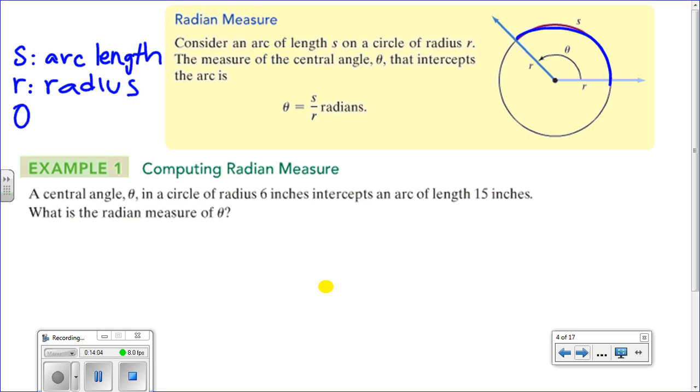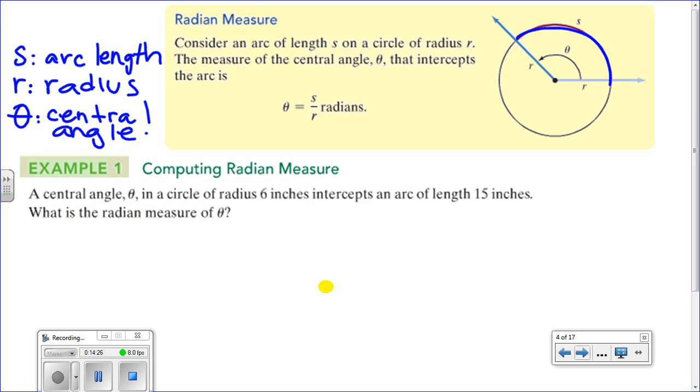And in this case, theta will be representing the central angle. Remember, central angle, the vertex is at the center of the circle. That's why we call it central angle. Okay, so this is a pretty easy problem, but this is just to build up your skills, so when we get to the angular velocity.